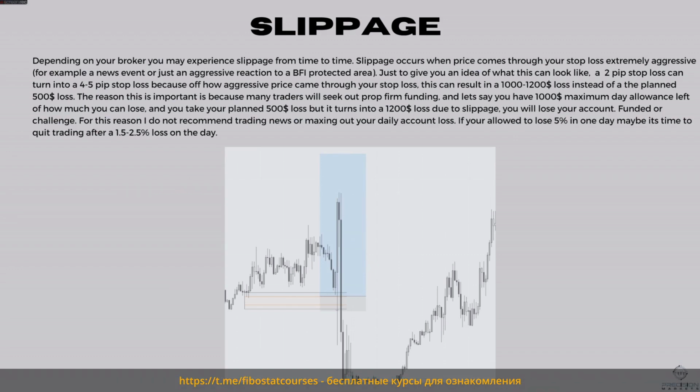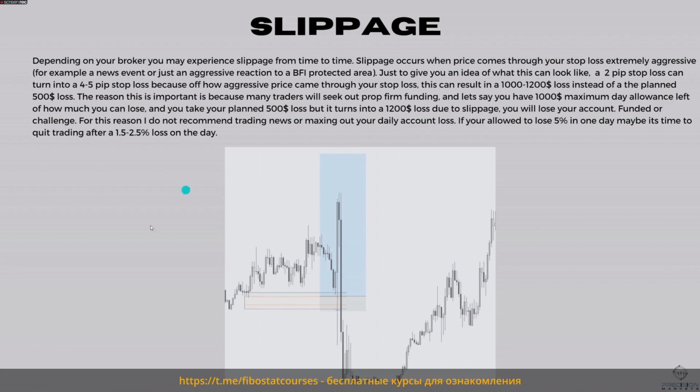Many of us will be going for prop firm funds and challenges and those sorts of things. Some of the prop firms do not allow you to trade news, others do. What's important to know is that if you are going to be trading news, you need to allow for slippage. It's just best not to be in any trade during news, or at least have risk off.